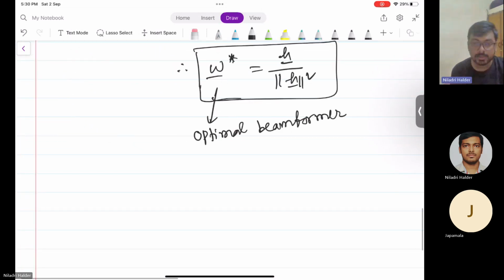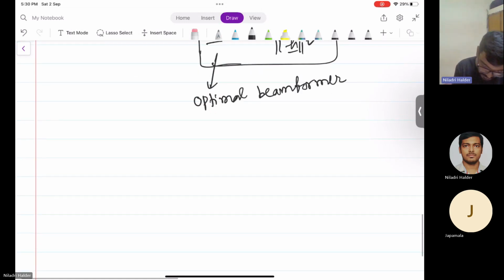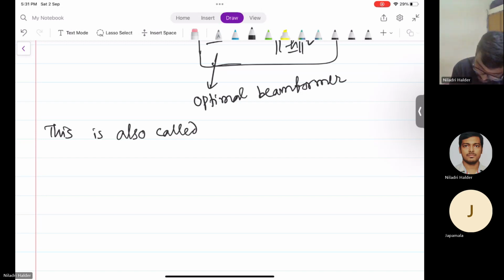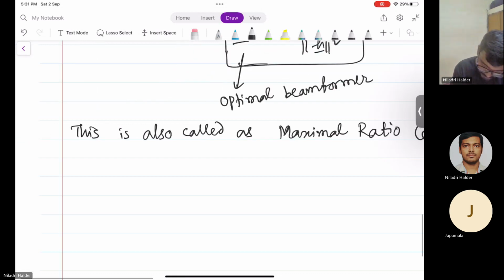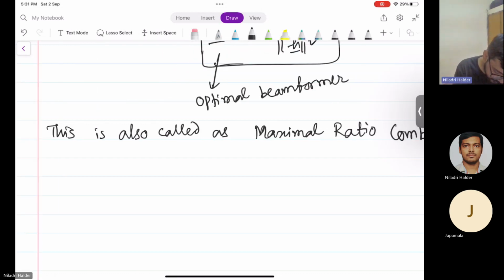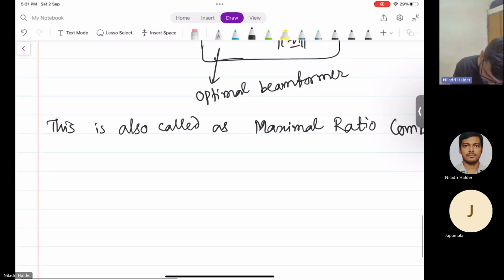So this is also called MRC, maximal ratio combiner, because it maximizes the SNR.